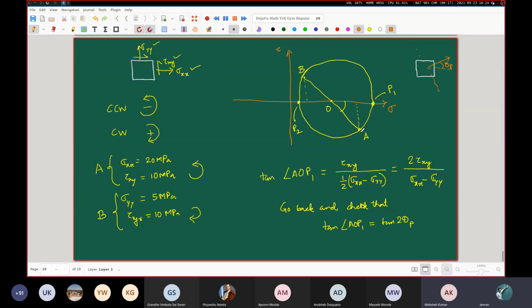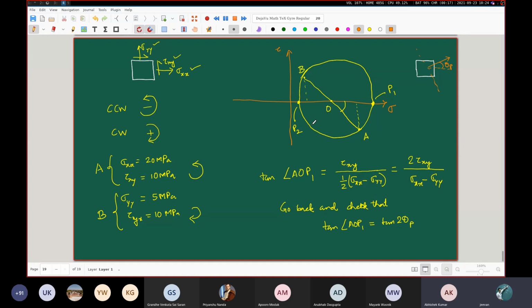And you see how much is the rotation from A to B. It is 180 degrees. So what was 90 degrees in the actual physical plane is 180 degrees in this geometrical plane. Always remember this.